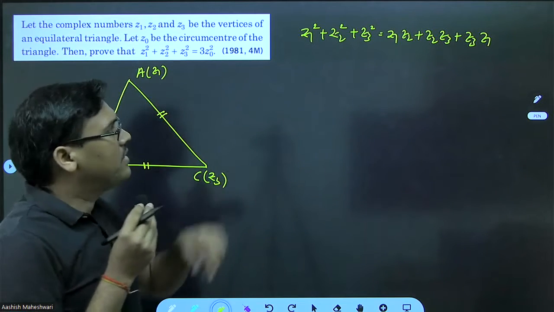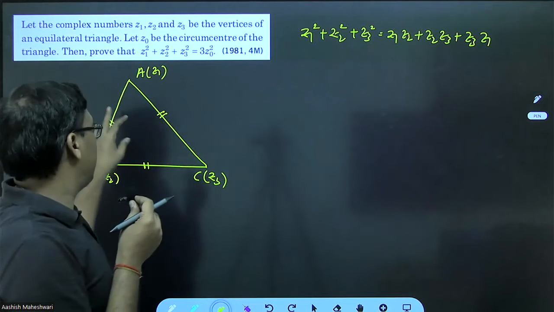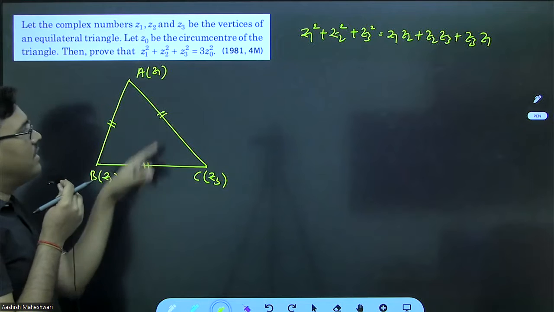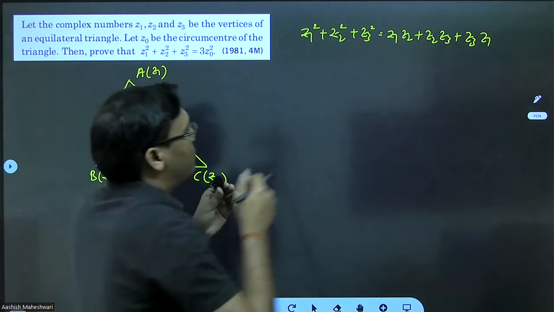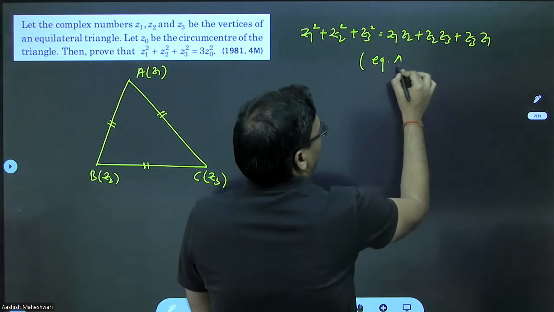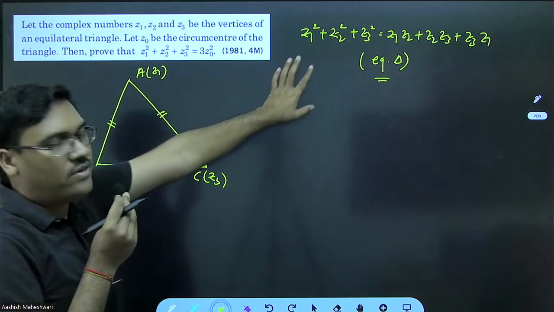Very important result. This can be very easily proved by using either the rotation theorem, or you can apply the fact that these three sides have the same length. By that you can easily prove this. Only for an equilateral triangle. Very important result. Many questions we will find on the same concept.